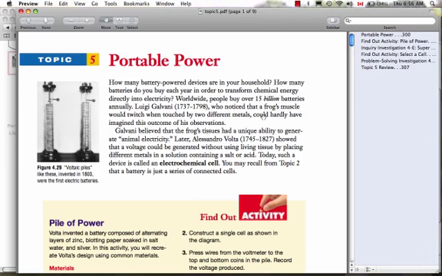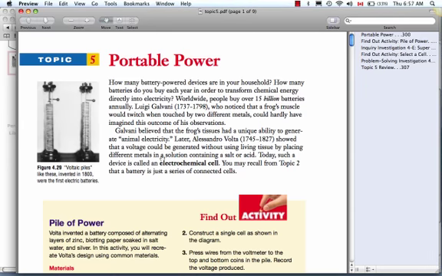He was operating with two different instruments, two different metals on a frog, and he noticed that the dead frog's muscle all of a sudden twitched, and he couldn't figure out why when the frog was dead. What he realized was that the frog's tissues conducted electricity. So he had two different instruments, and the frog's liquid tissues became the electrolyte, and the electric current generated from that ran through the muscle tissue and caused the frog to twitch.